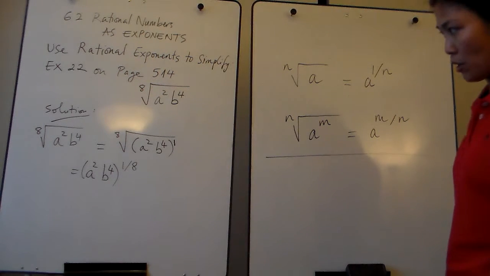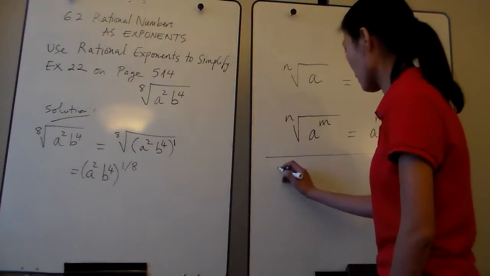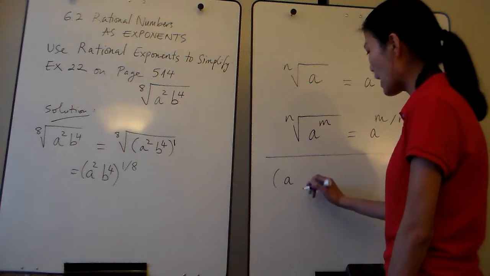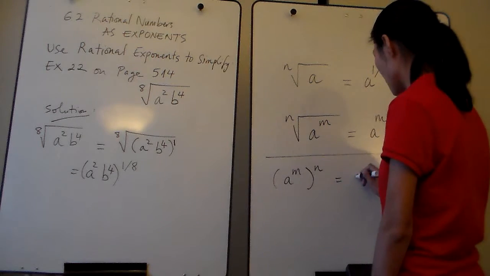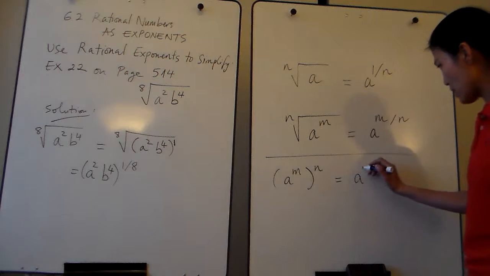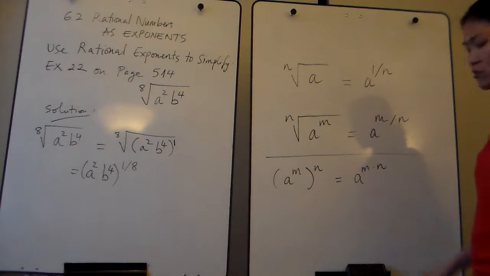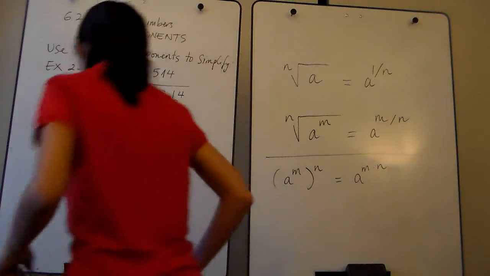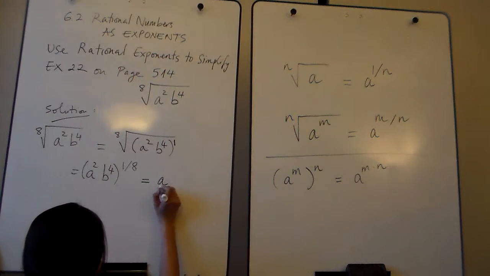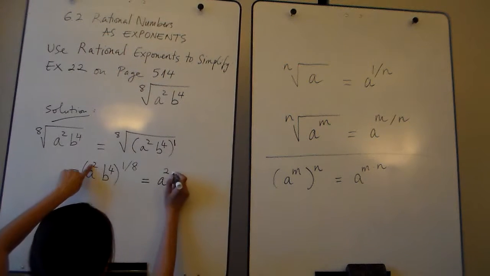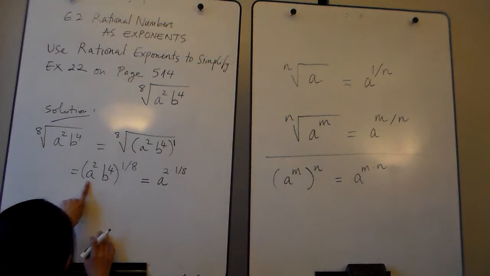Now, we learned to simplify this using the law of exponents: if you have a to the m, with an outside exponent n, you can simplify this to a raised to the exponent times the outer exponent. So I'm going to apply this formula here. I will have a raised to 2, taking this exponent times the outer exponent 1 divided by n, for this first factor a squared.